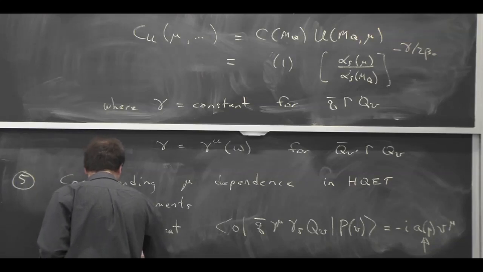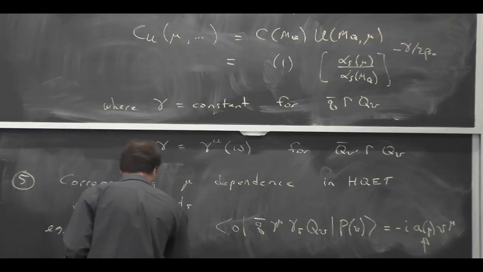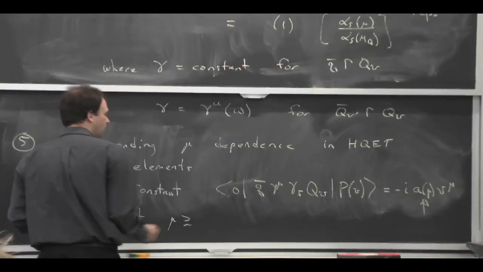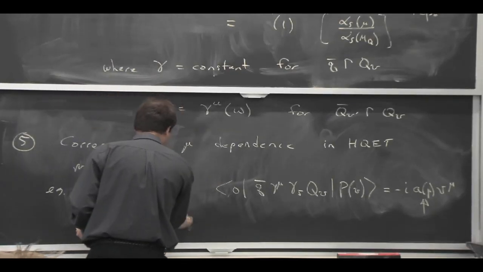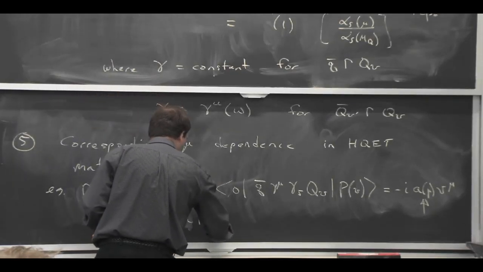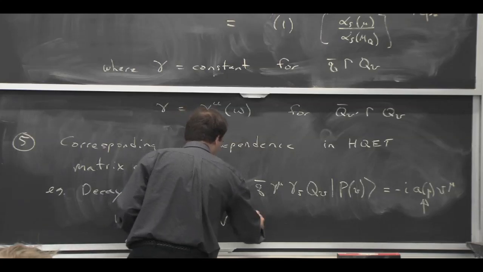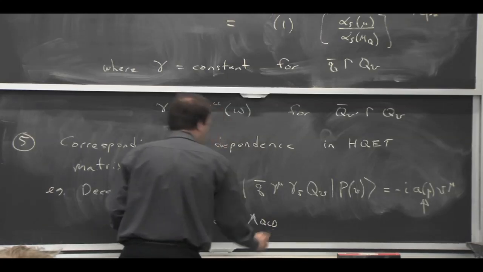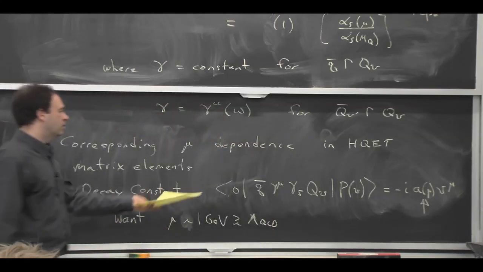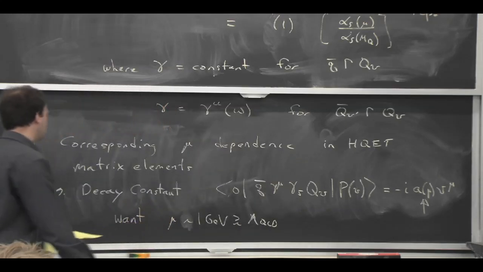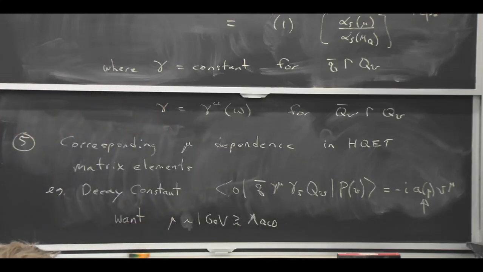And again, for this matrix element, you want mu to be, say, a GeV or some scale that's greater than Lambda QCD. And so what you would do is you would evaluate matrix elements and define that parameter at some scale like a GeV and do renormalization group evolution from the heavy quark mass down to a GeV.